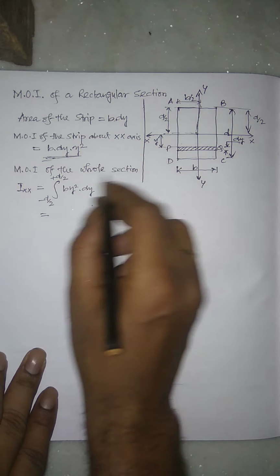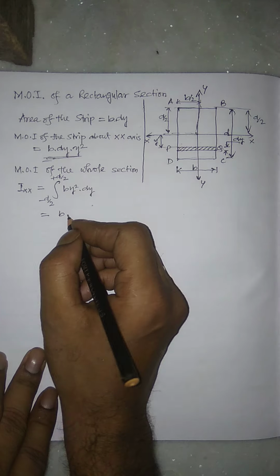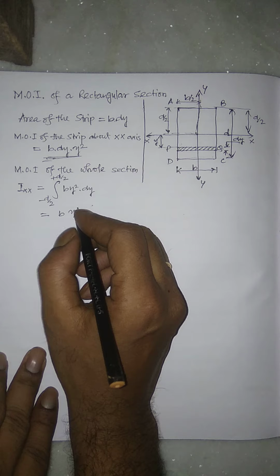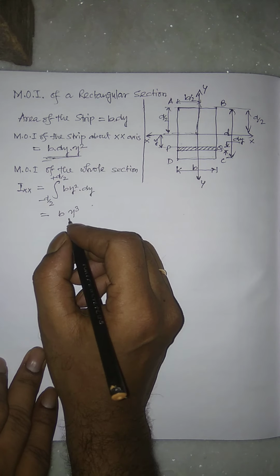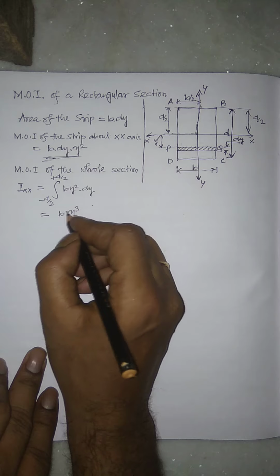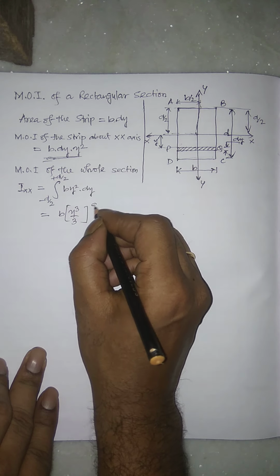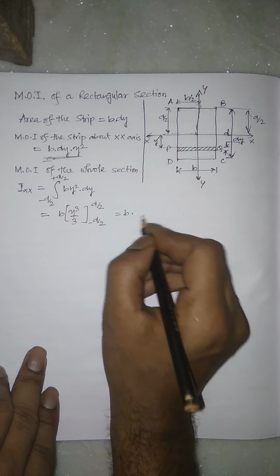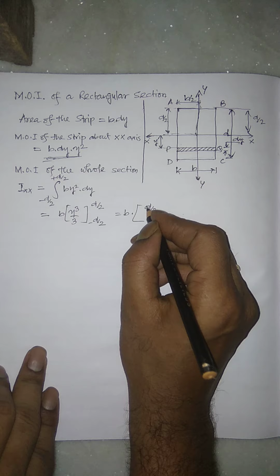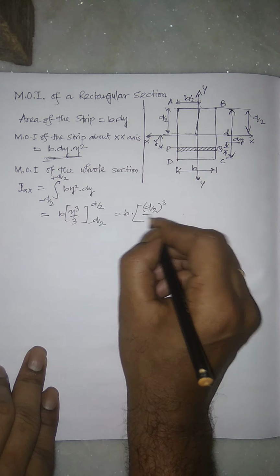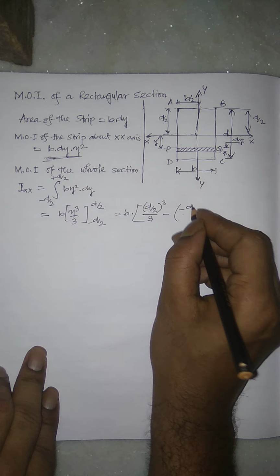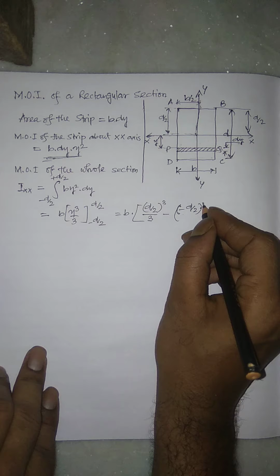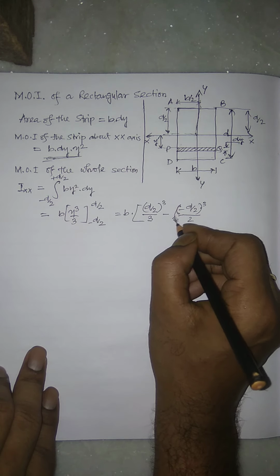Now integrate this quantity. B is constant, and the integral of y square is y cube by 3, with the limits d by 2 and minus d by 2. So it should be equal to b into (d by 2) cube by 3 minus (minus d by 2) cube by 3.